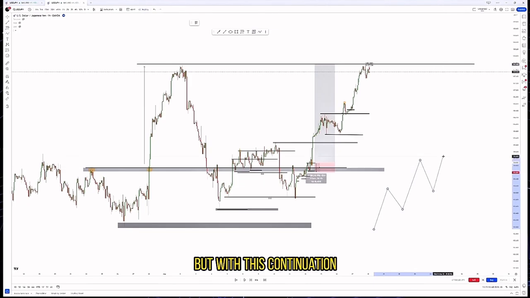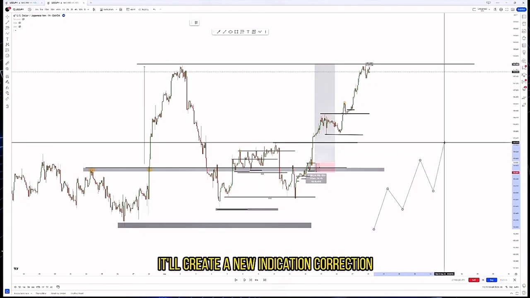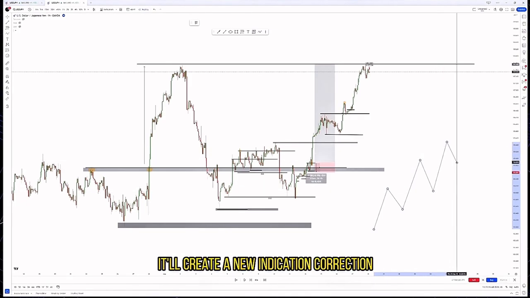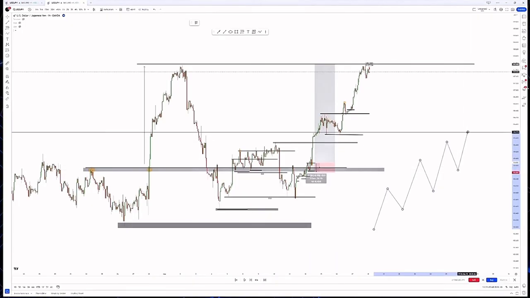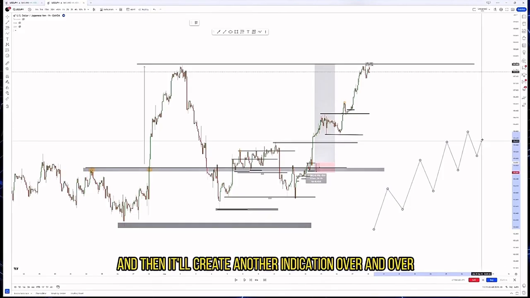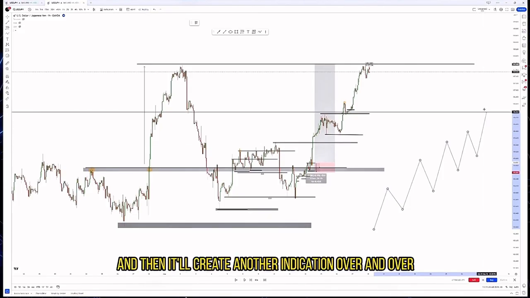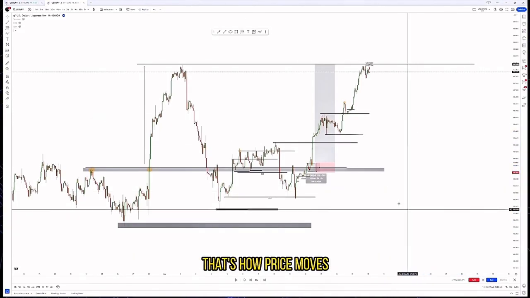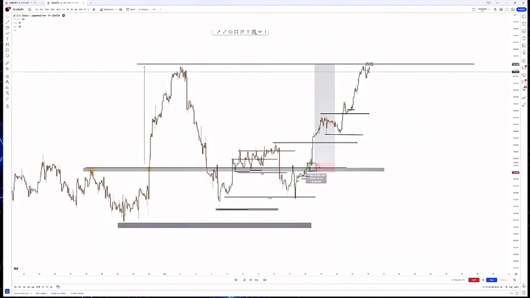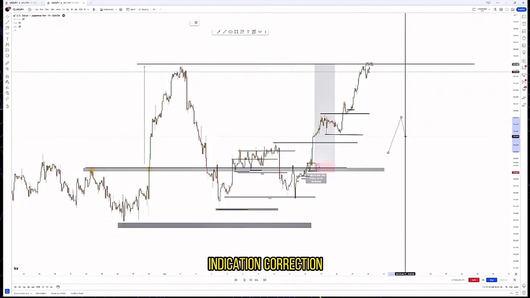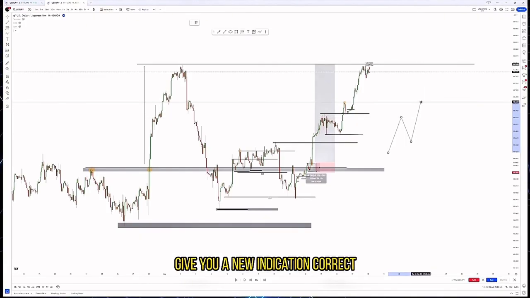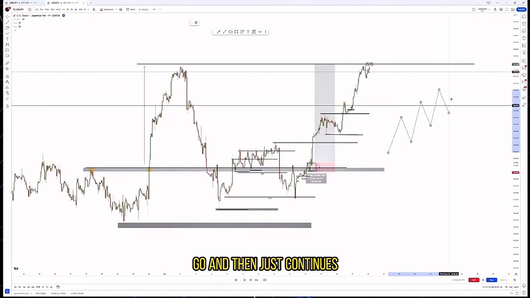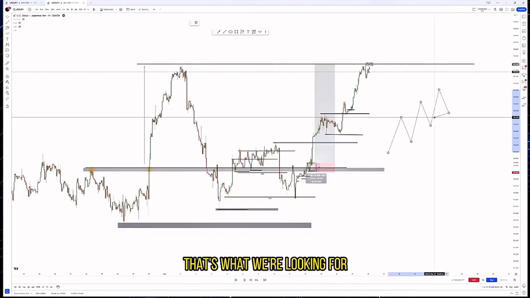But with this continuation, most of the time it'll create a new indication, a correction, and the continuation will create a new indication, a correction, and then it'll create another indication over and over. That's how price moves. It's not just going to go indication, correction, and then stop here. Most of the time it breaks out, gives you a new indication, corrects, goes, and it just continues. That's what we're looking for.